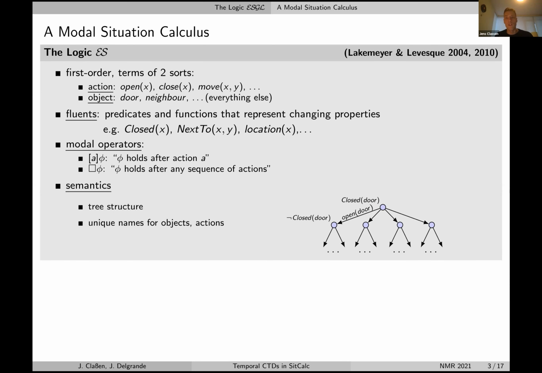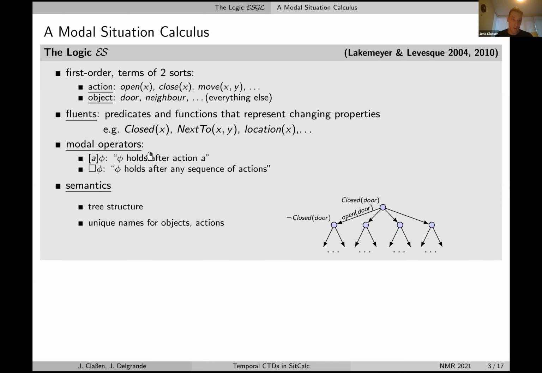And so here we are not using the classical situation calculus, but a modal variant. So essentially, we don't have situation terms, but we have terms of two sorts, actions and objects. And we have fluents, which are predicates and functions that represent changing properties. And to talk about future situations due to actions, we have these two modal operators.